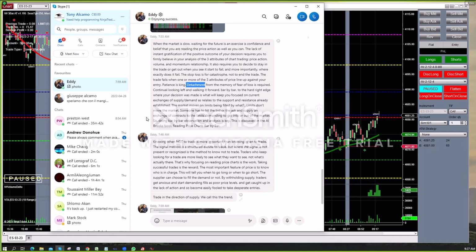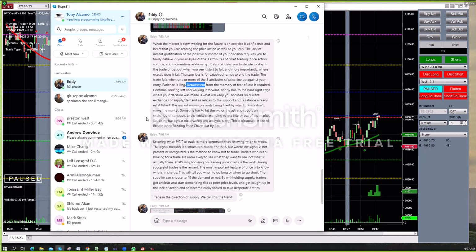So focusing on reading price charts, that's the work we have to do, and taking a successful trade, that's the reward we get by our ability to focus on the important features of reading price charts. The most important feature of price is to know who is in charge.